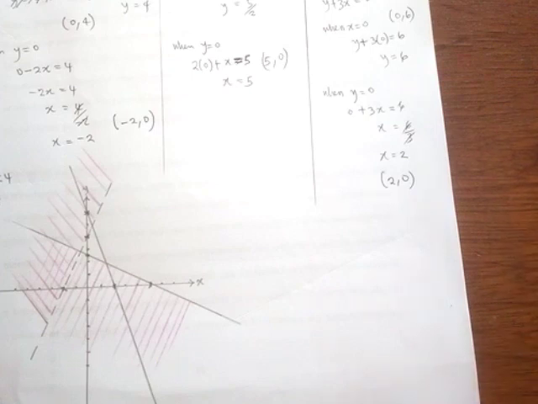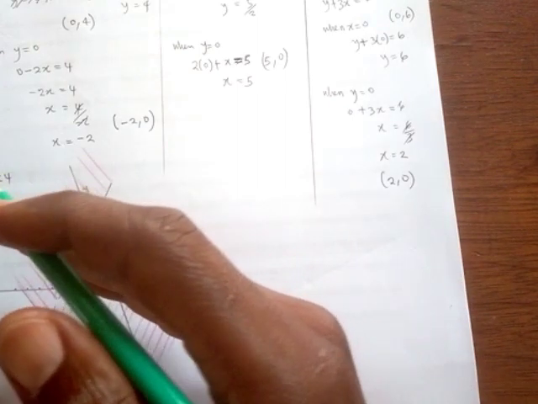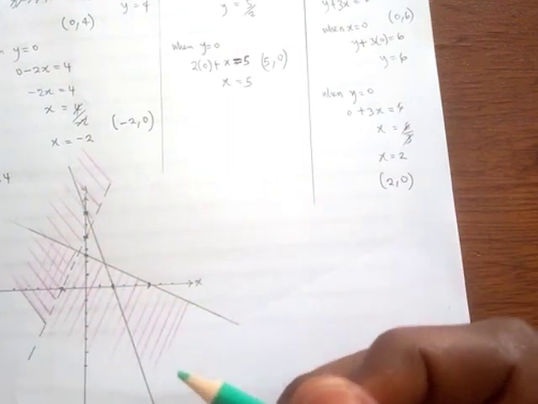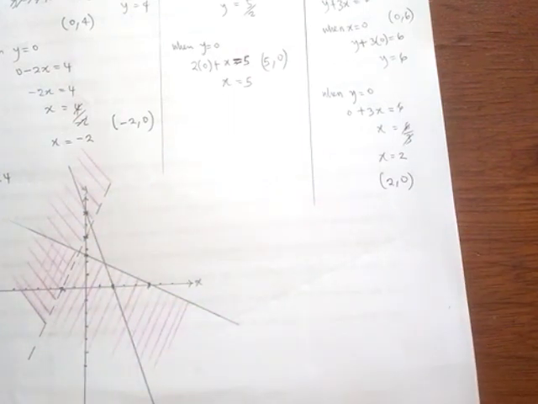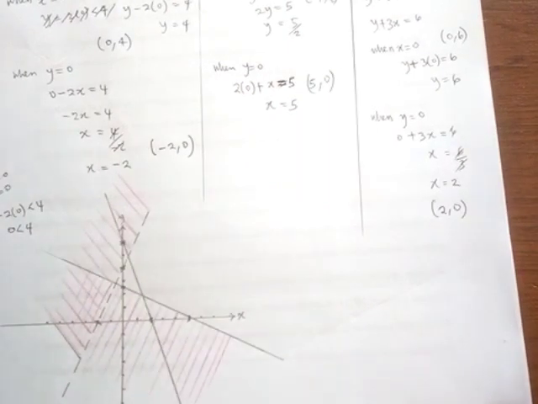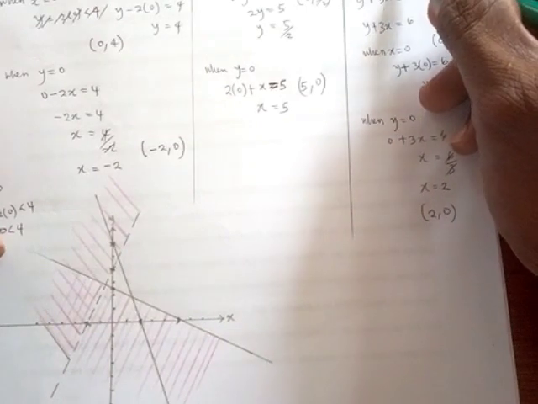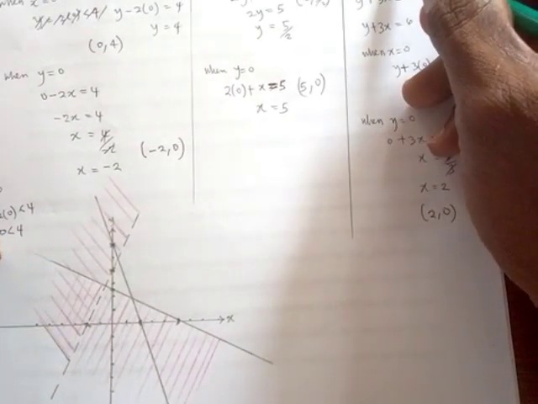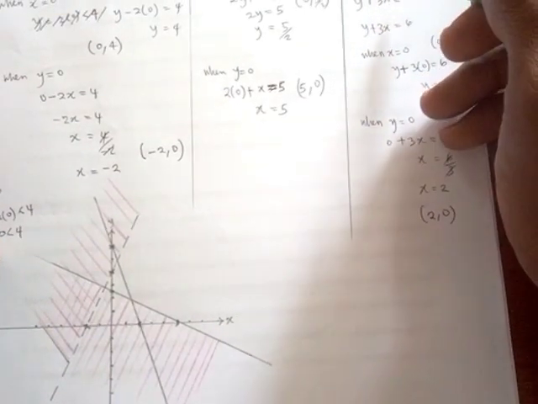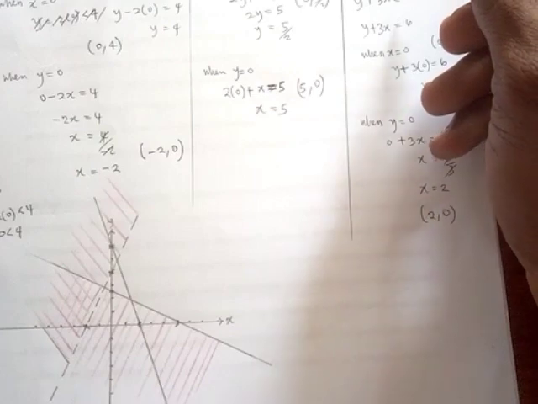So in that case, the region containing the origin is required. After conducting that test, we have that 0 is less than or equal to 6. So the region containing the origin is true, is correct.